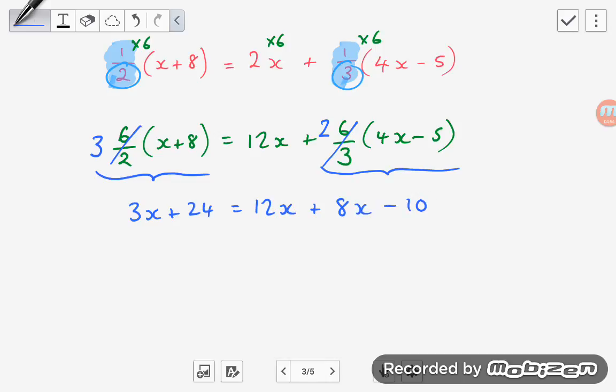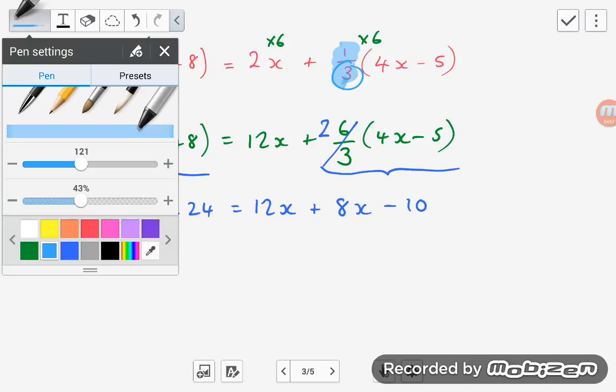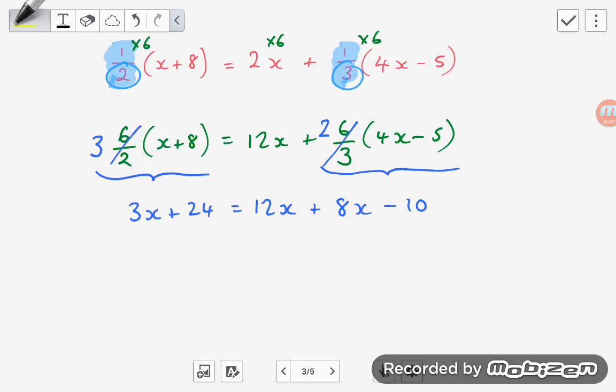So I now, just like the first example, I've got to deal with the x's on both sides. I've got 3x on the left and 8x on the right. So we'll deal with the smaller x, and this just avoids negative x values.